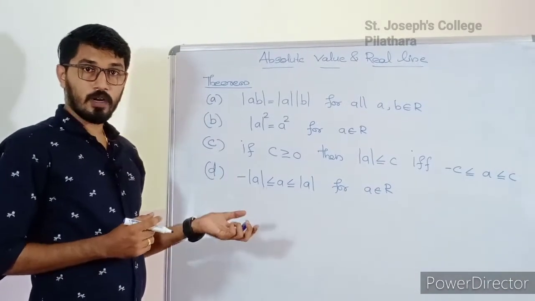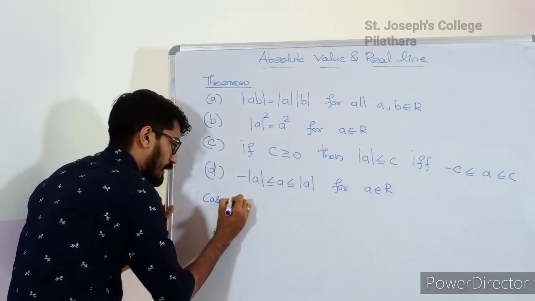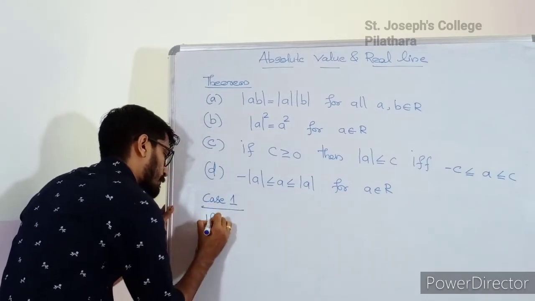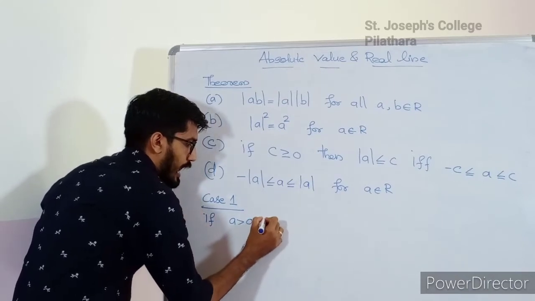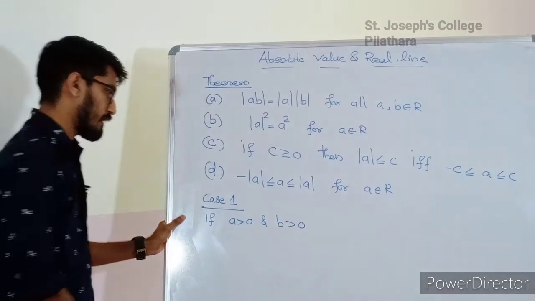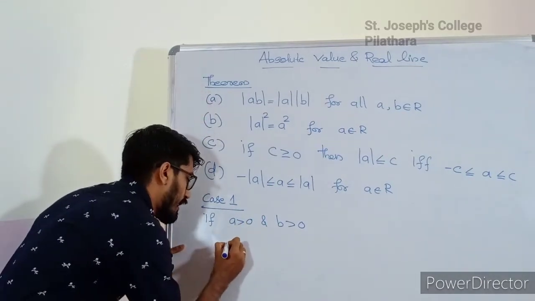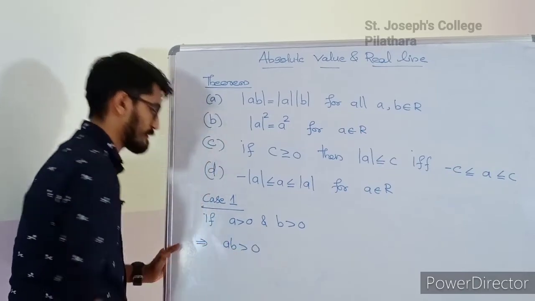There are 4 other cases to consider. Case 1: if A greater than 0 and B greater than 0, this implies AB greater than 0.